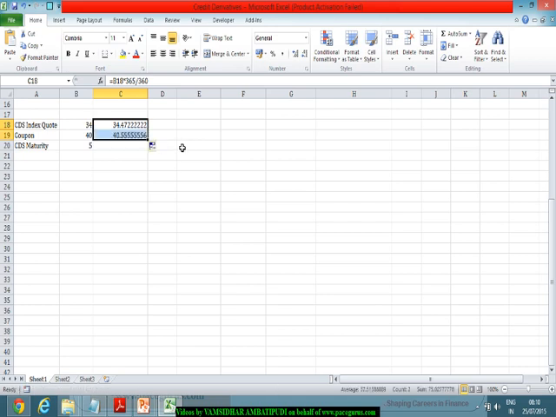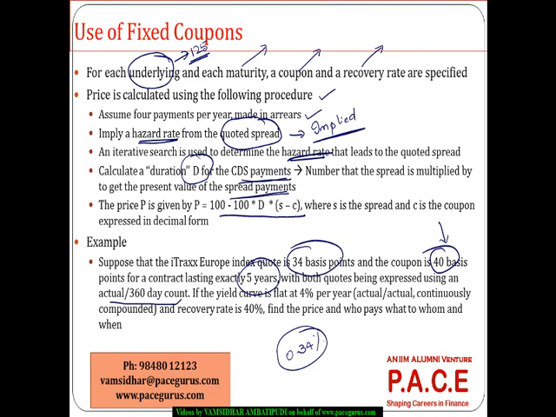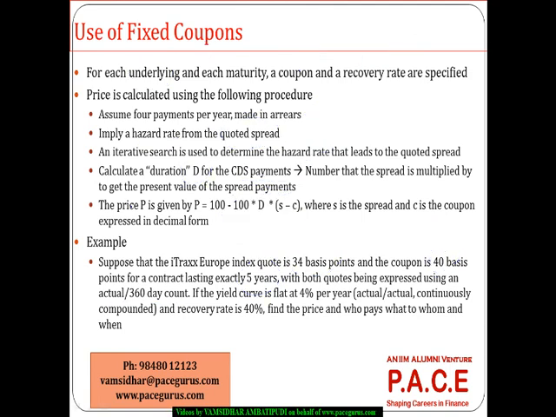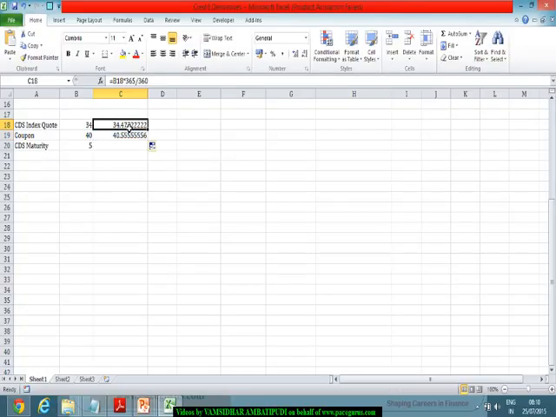Similarly, the coupon is going to become these many basis points, which means my S. So we'll express these in decimal form, C as well as S. This is in basis points, so we'll divide it by 10,000 to convert it into the decimal form.